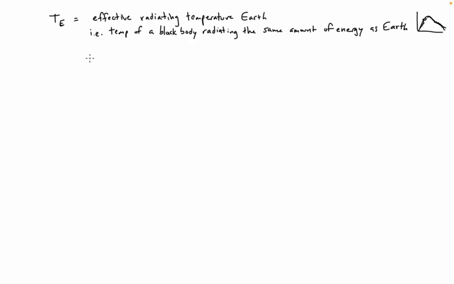So we can calculate this temperature. This is a slightly different version than we did in class, so it's worth going through this just to see it more in terms of this balance. So we're going to balance energy emitted by Earth.